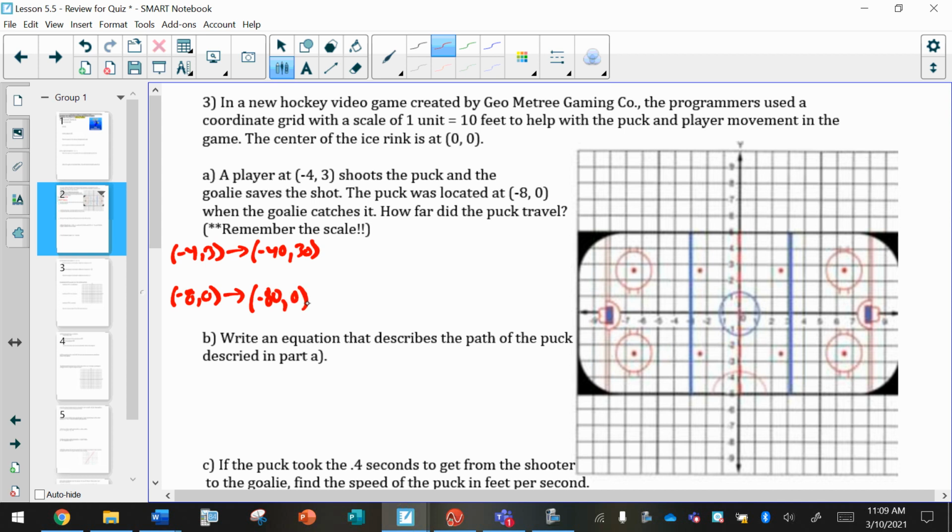We want to know how far the puck traveled, so we will use our distance formula with those 2 points. So x2 minus x1 squared plus y2 minus y1 squared. Go ahead, get your calculator, push some buttons, and tell me how far the puck traveled.